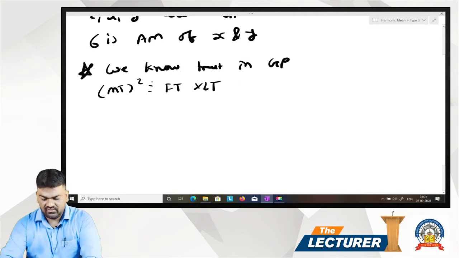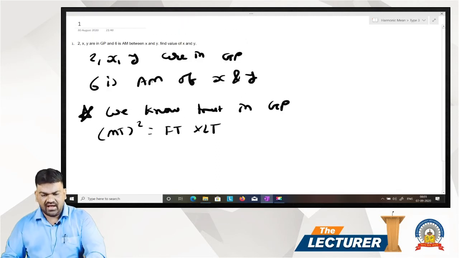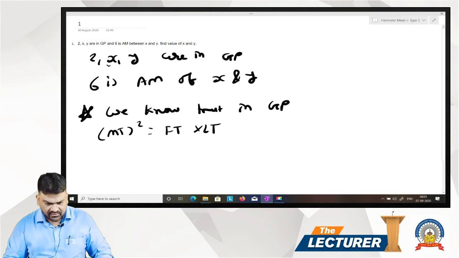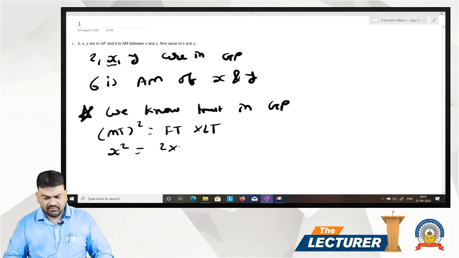Here 2, x, y are in GP, so the middle term x square is equal to 2 multiplied by y.